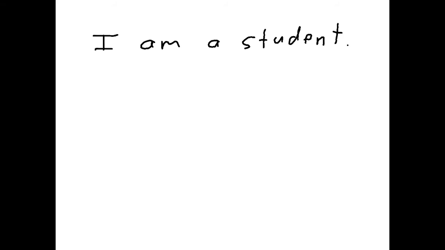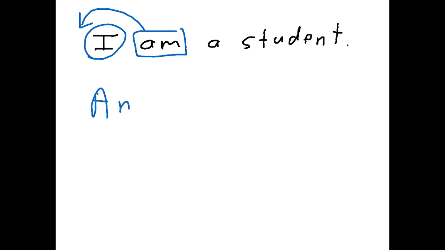We don't need the auxiliary, and we are simply going to switch the position of the verb and the subject. We will bring the verb to be at the beginning of the sentence. So, am I a student? And you can only answer yes or no to this question.